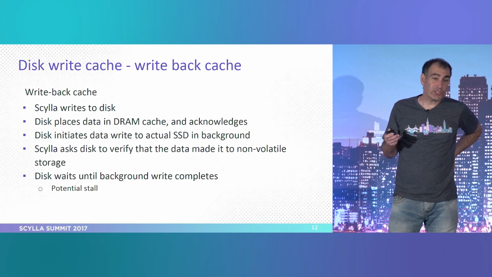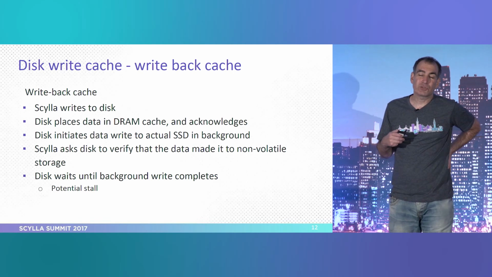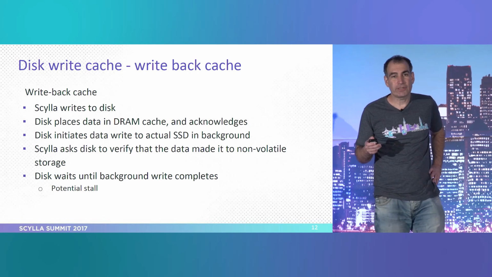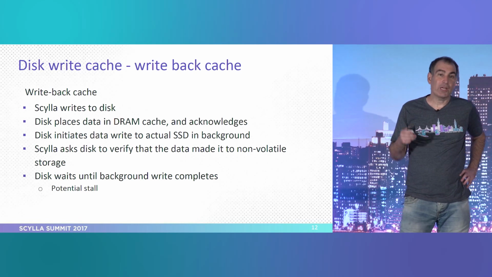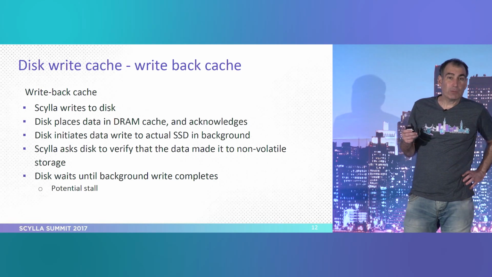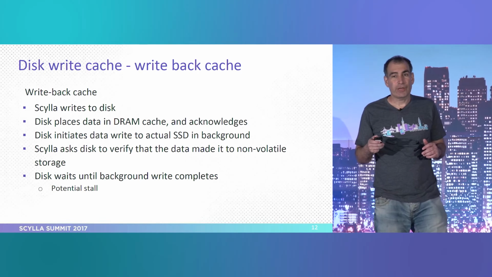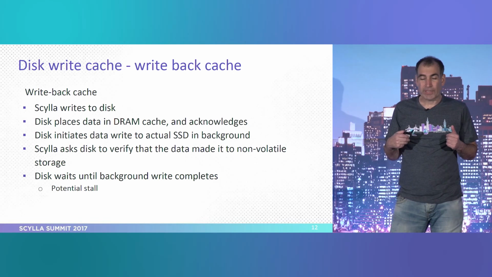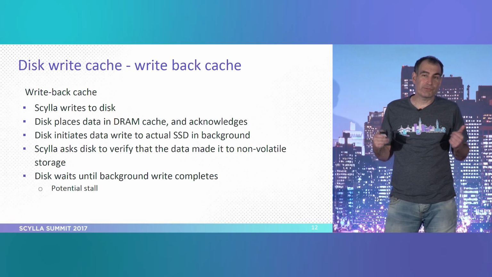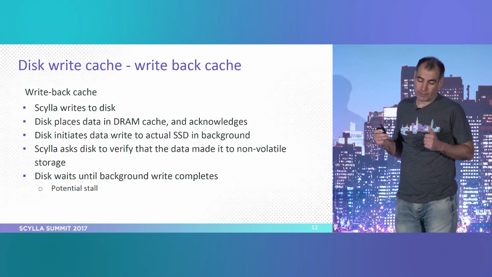So there is an additional step, and that additional step is a flush, where we ask the disk to make sure that all of the data in the write cache has been committed to media, and we wait for that. Now, the problem with that is that the cache is usually pretty large, and therefore, if it gets heavily filled, waiting for the flush to complete can be a very lengthy operation. So you may encounter a stall in that area.